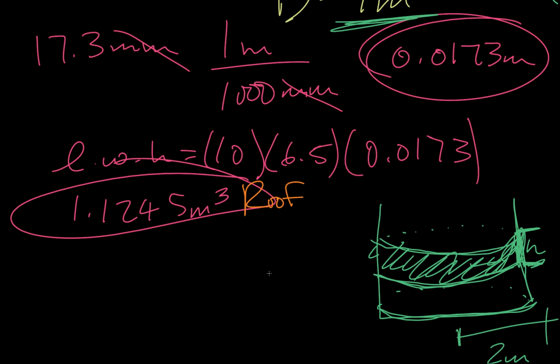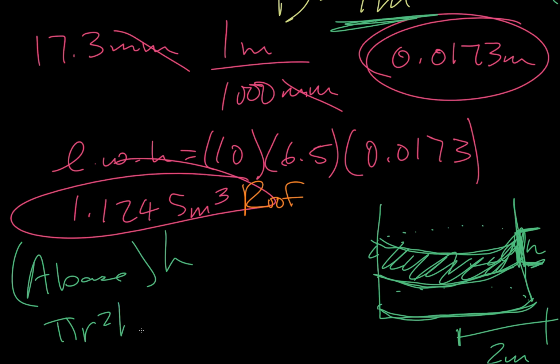Okay, so the volume added to the tank is just going to be the area of the base times the height. And we know the area of the base is pi r squared. And then our height in there.